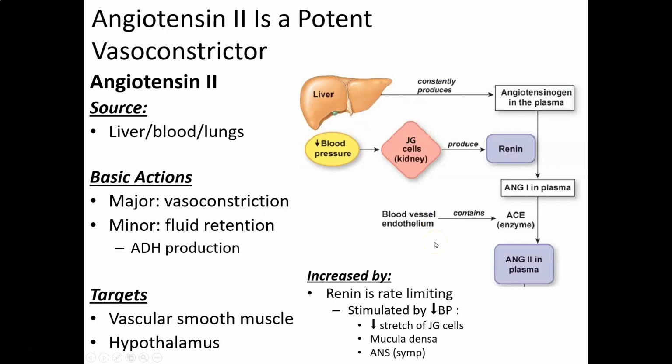The last hormone for the water conservation class is angiotensin II. Now, angiotensin II is by far the most potent vasoconstrictor we have in the human body.